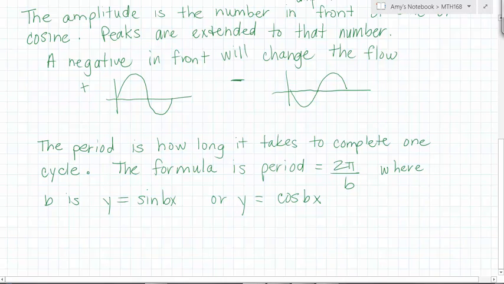And in a minute we're going to talk about that cosine function. If you have sine of negative x, that's going to make it negative sine of x, but if it's cosine of negative x, that will be a positive cosine of x.